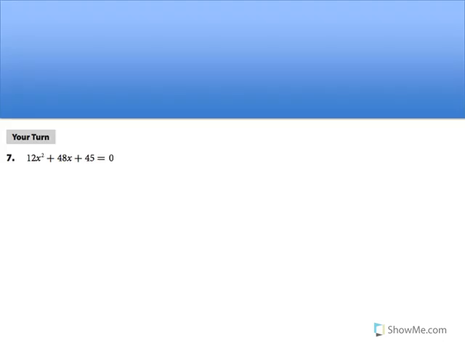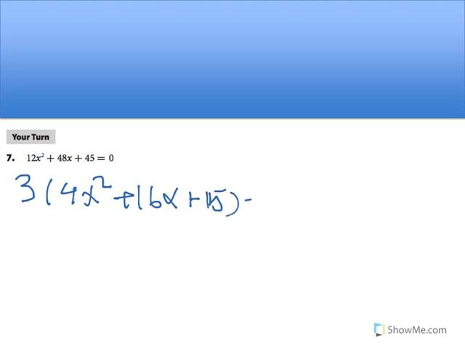Okay, so let's try this part. Here we have 12x squared plus 48x plus 45 equal to 0. If you look at 12, 48, and 45, they all have a common factor of 3. So we can factor out a 3. This gives us 4x squared plus 16x plus 15 equal to 0.